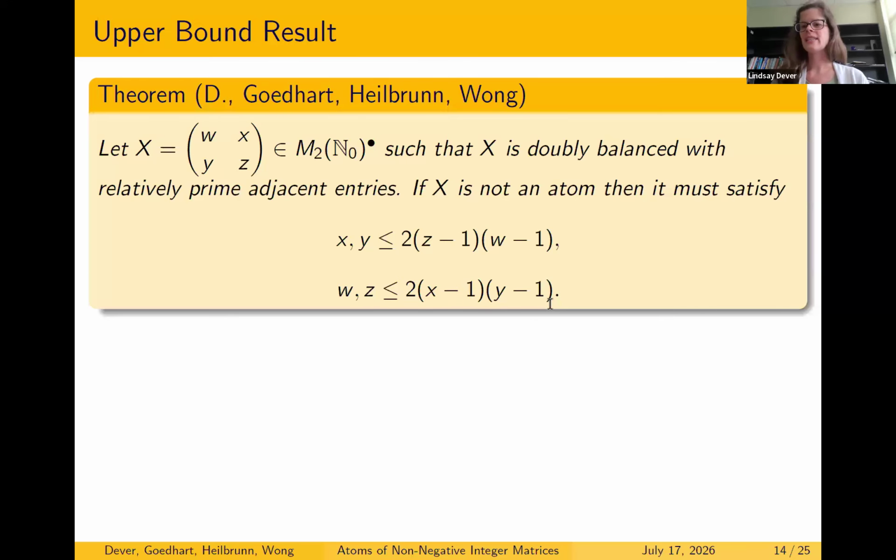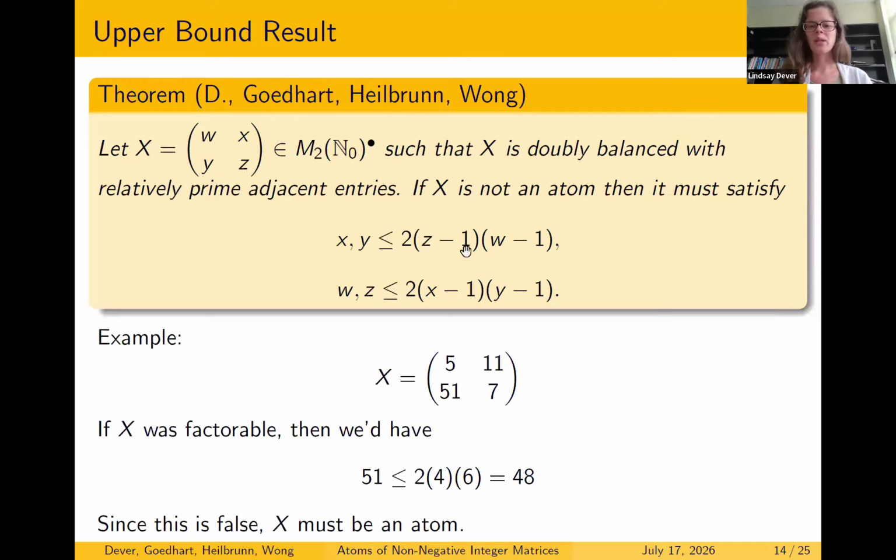Essentially, the diagonal entries can't be too large compared to the off-diagonal entries and vice versa. For example, if we have 5, 11, 51, 7, if this factored, we would have the inequality that 51 would have to be less than or equal to 2 times 5 minus 1 times 7 minus 1, which is 48. And that is obviously not true, which means that X has to be an atom.